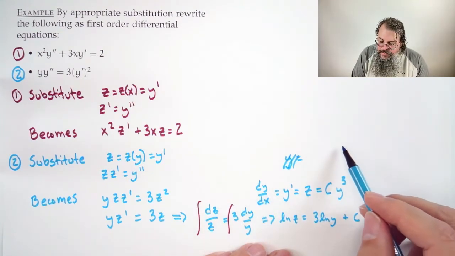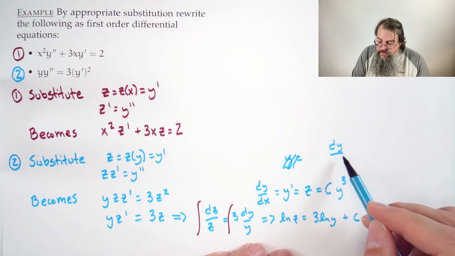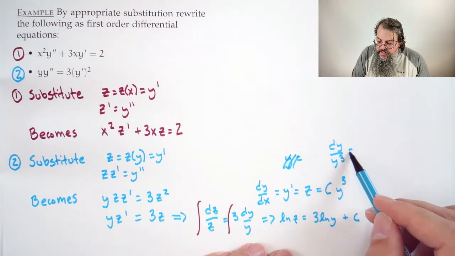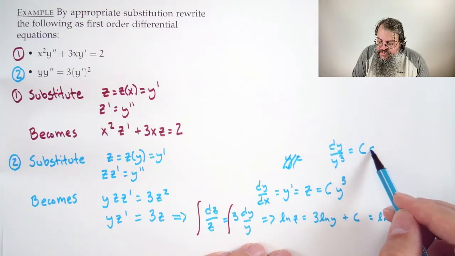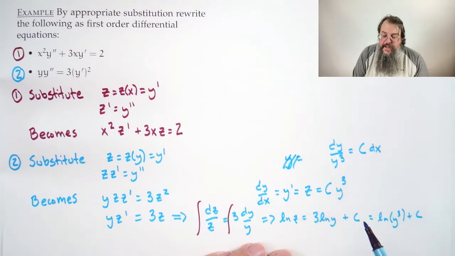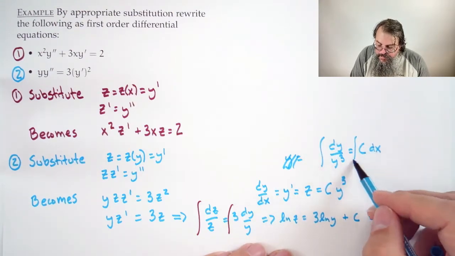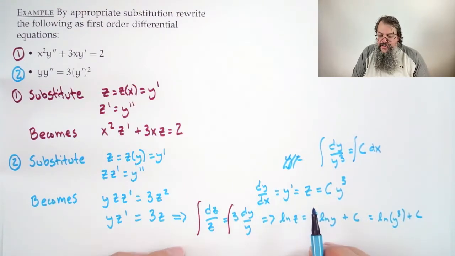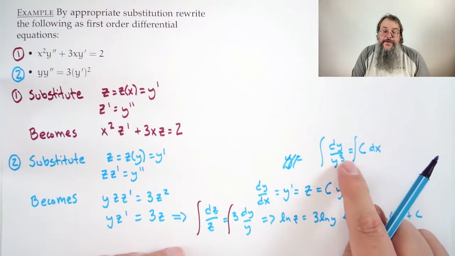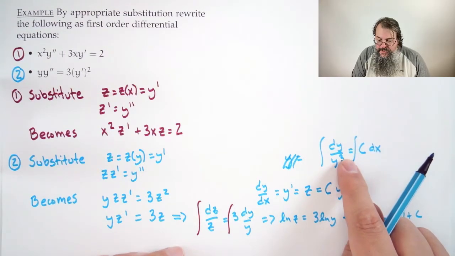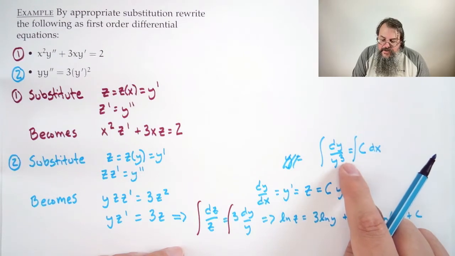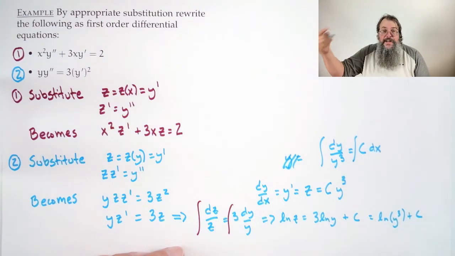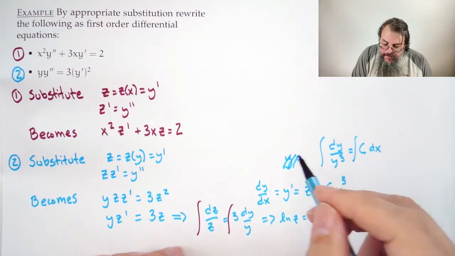So we would have dy over y cubed is equal to some constant dx. And now integrate both sides. Now this is like y to the minus 3. And so when we integrate, it becomes y to the minus 2, then you divide by minus 2.